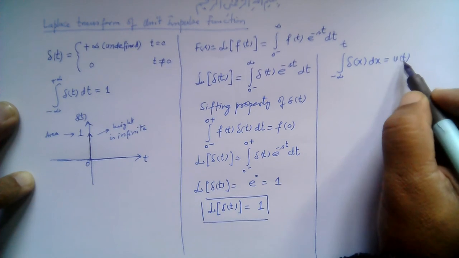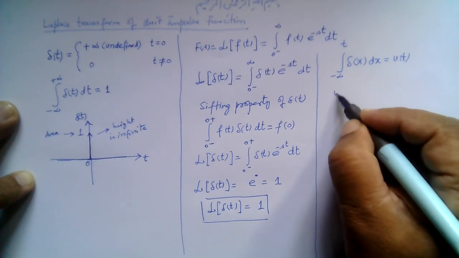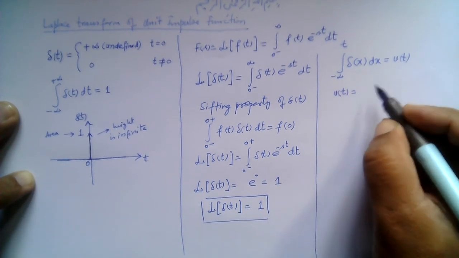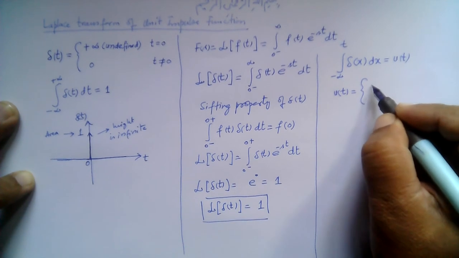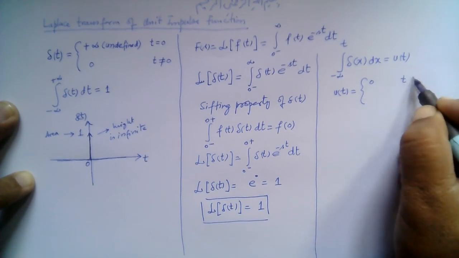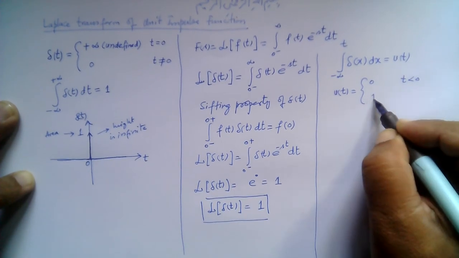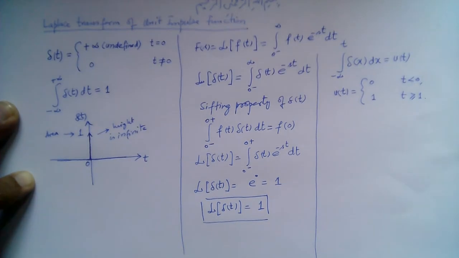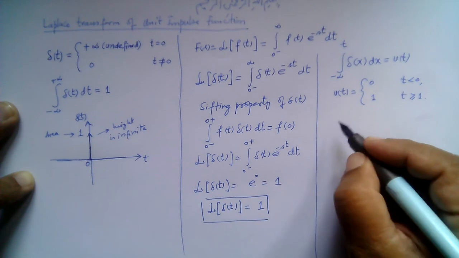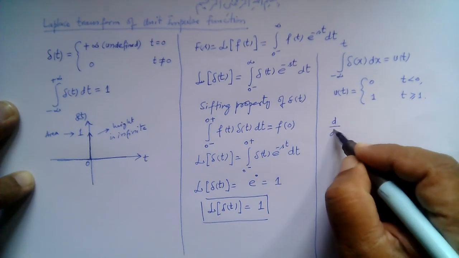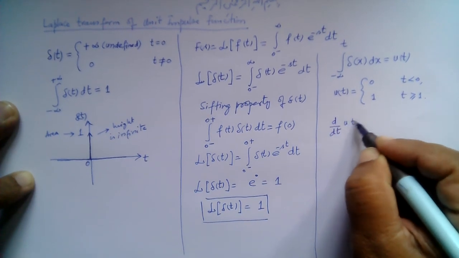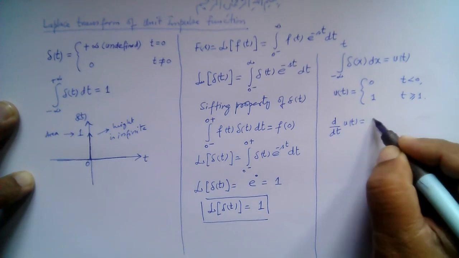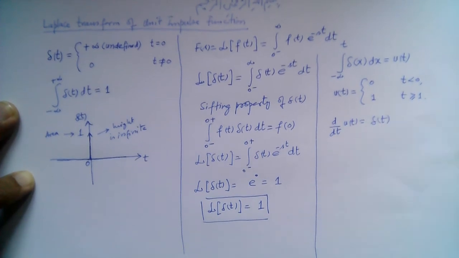So this will give us a unit step function, and that unit step function is basically equal to 0 for t less than 0, and it is 1 for t greater than or equal to 0, right? And if we differentiate this unit step function, this will give us the unit impulse function, right?